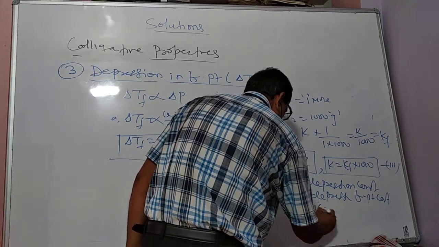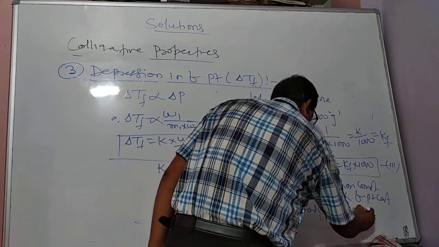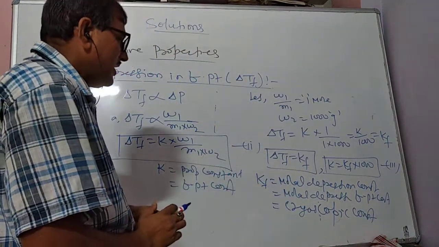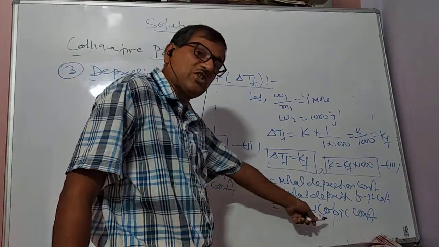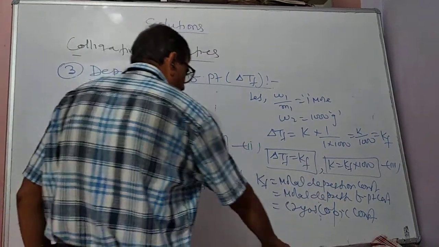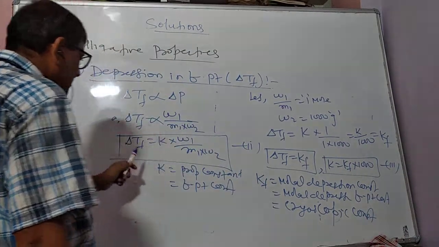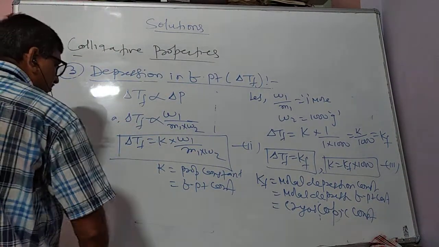It is called the cryoscopic constant because the freezing point of a liquid is found with the help of the cryoscopic method. And now we will define Kf.